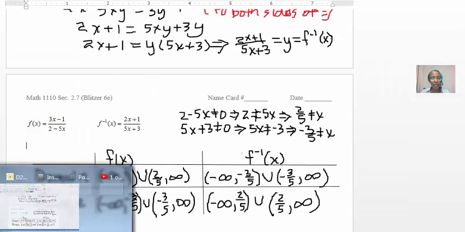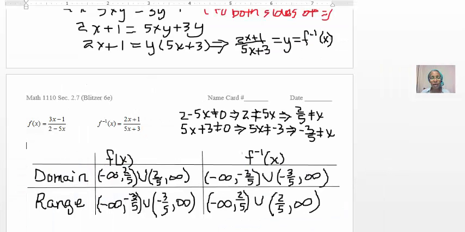If the domain is telling me about x values, then the information about x values for f is actually giving me information about y values for f inverse. Here, if I'm getting information about the y values of f, when I look at the range, that's giving me information about the x values of f inverse.